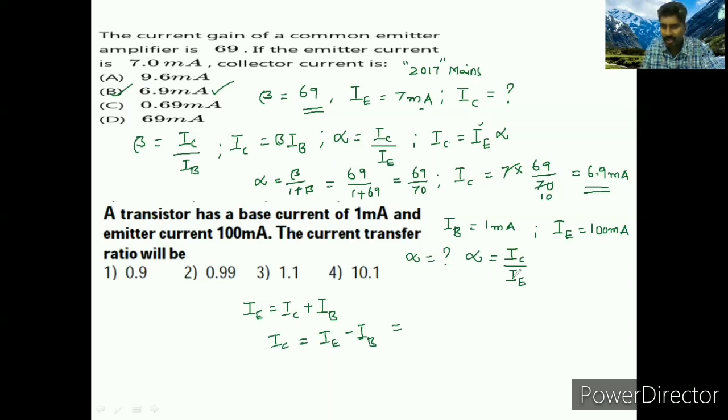Emitter current is 100 milliamps and this is 1 milliamp, so we get IC as 99 milliamps. Now alpha is equal to IC by IE, IC is 99 and IE is 100. So the alpha value we get is 0.99.